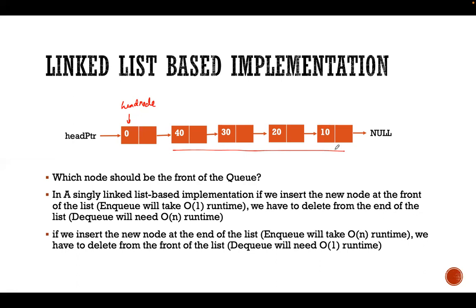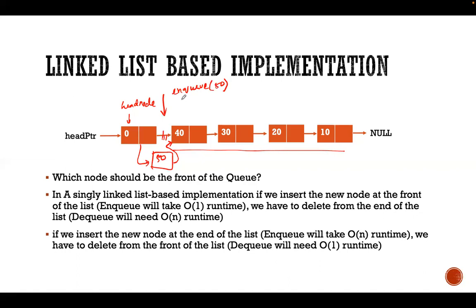If we consider enqueuing from the front of the list, let's say the enqueue is going to insert at the front of the linked list, meaning we are going to enqueue 50. So we can enqueue 50 at the front of the list here. Then this will be our updated list.